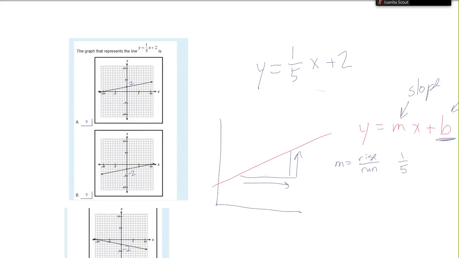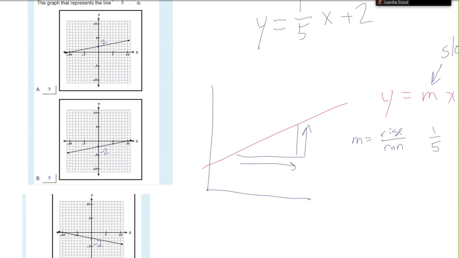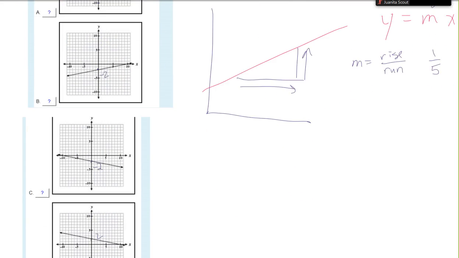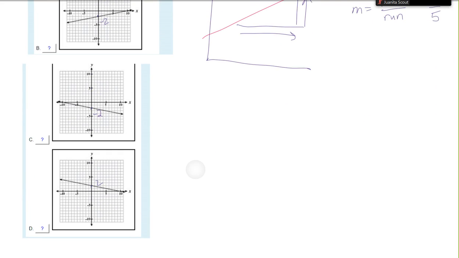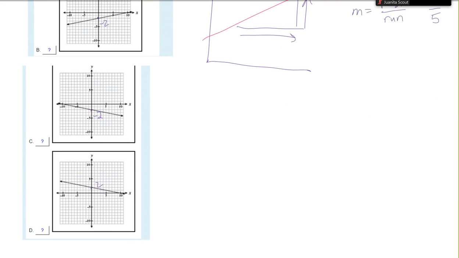And so we would be able to look at this and go, well, which one is, well, we can rule out certain ones. Like if it's going down, it has to have a negative slope. So we always look at it how it goes from the left to right. So this particular one is going down, and it's going down 1 every 5. So it has a slope of negative 1/5.